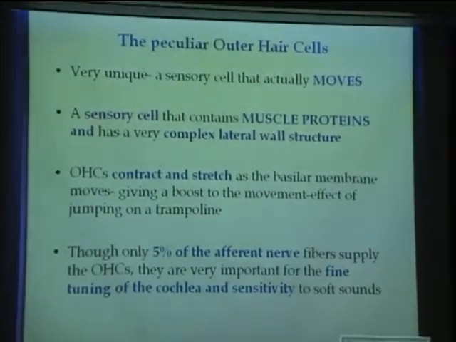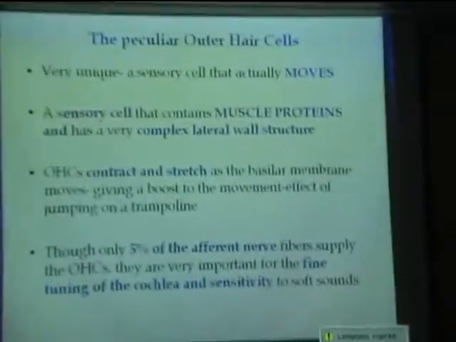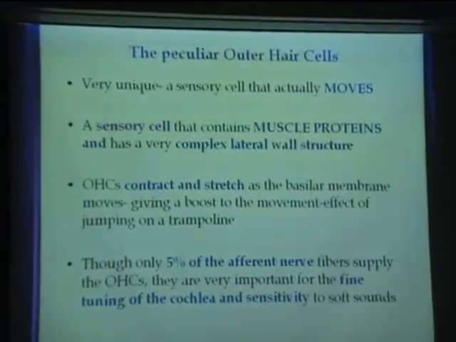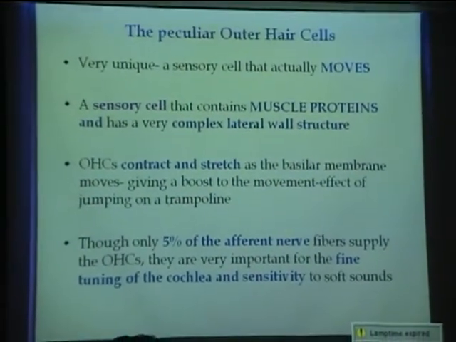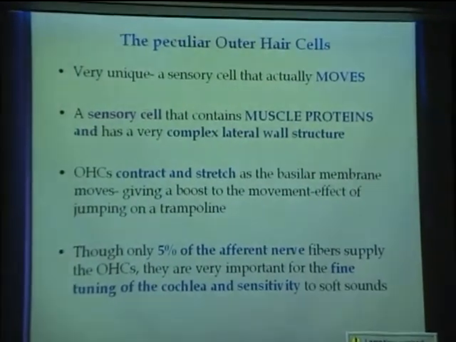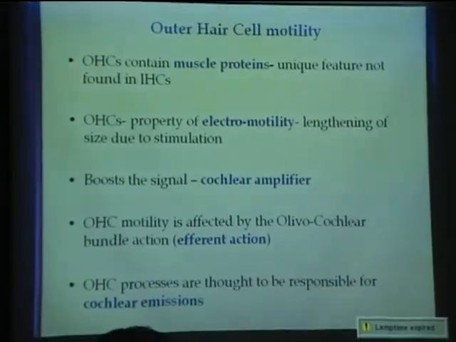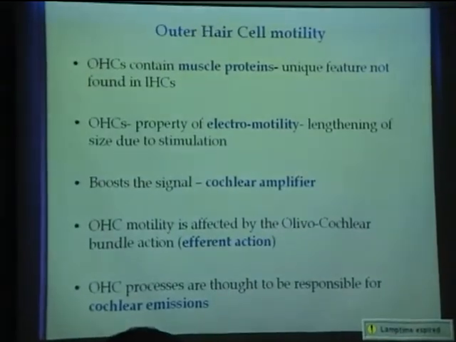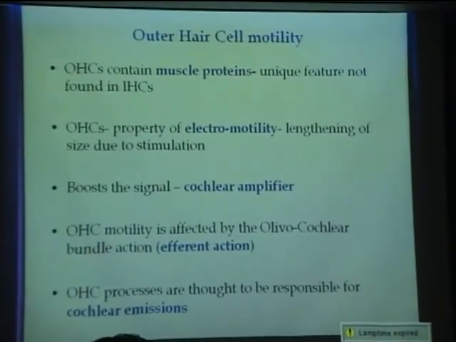Of all the afferent nerve fibers, only about 5% supply the outer hair cells, but yet the outer hair cells are responsible for the fine-tuning of the cochlea as well as the sensitivity to soft sounds. The outer hair cells, as I said before, contain muscle proteins and the property of electromotility.